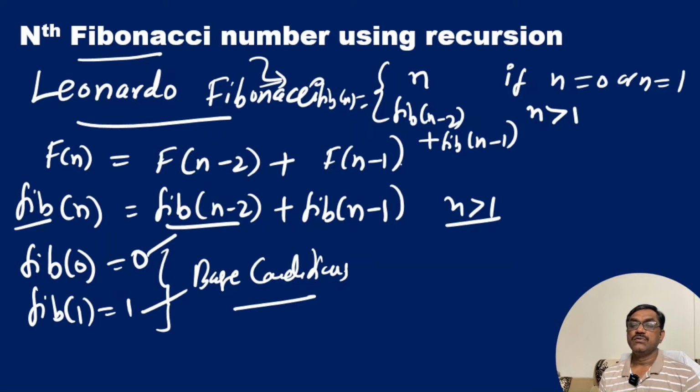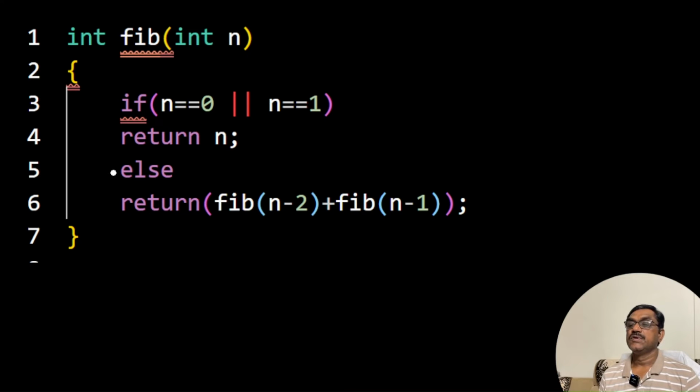Now, what is the code here? Similar to the factorial number, here we have defined a user-defined function fib, and we know that the execution starts from the main, right?